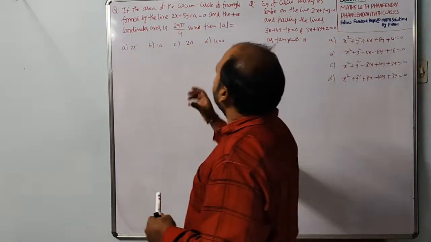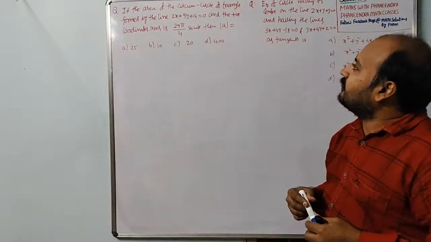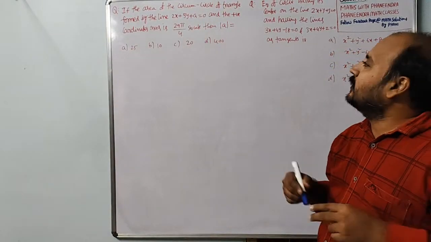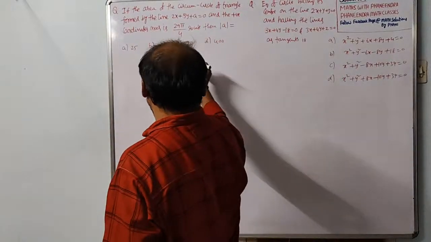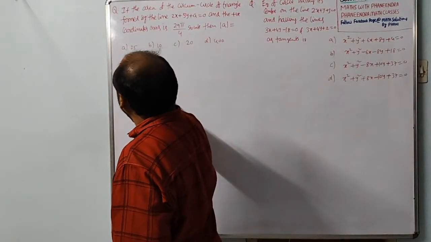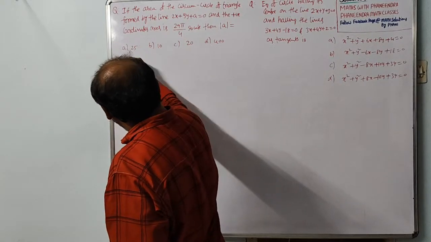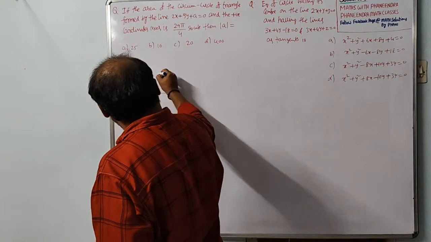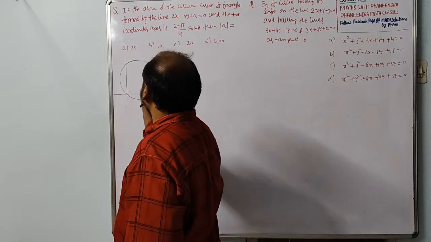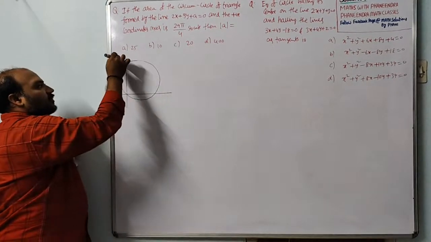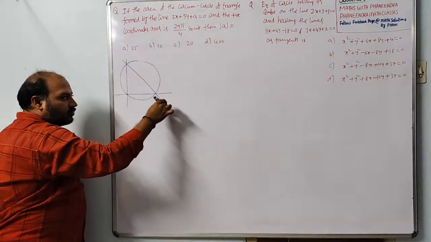Here, if the area of the circumcircle of the triangle formed by the line, see how it will be. The figure I am drawing here. This is the circle, dear students, and this line is there now.